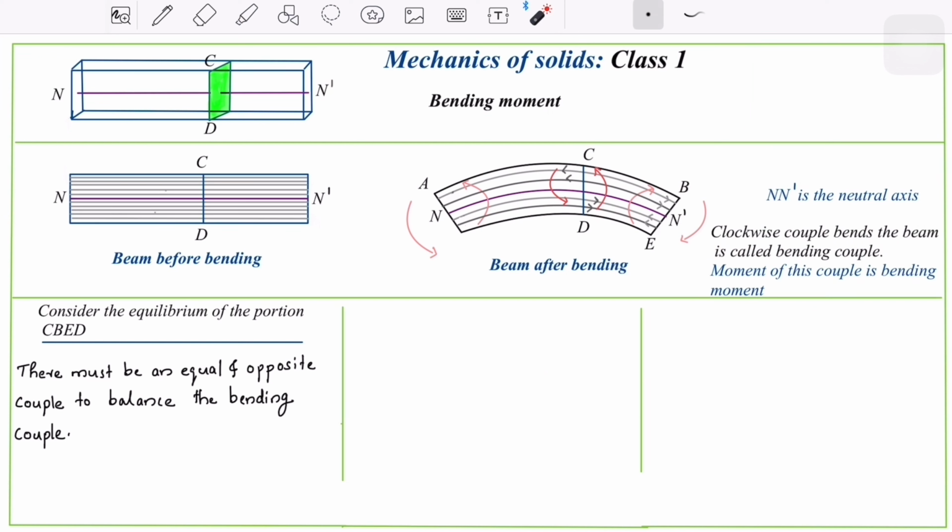So what does this mean? That type of torque near CD is possible if the forces are acting in such a way as shown in the figure.